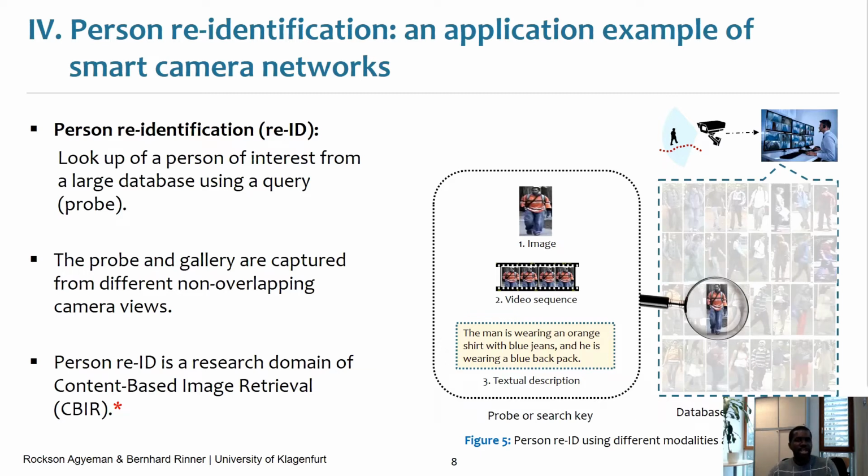A key question is, why are person re-identification applications commonly implemented using the centralized camera network architecture? To answer this, let us do a quick survey of existing natural language-based person re-identification algorithms.